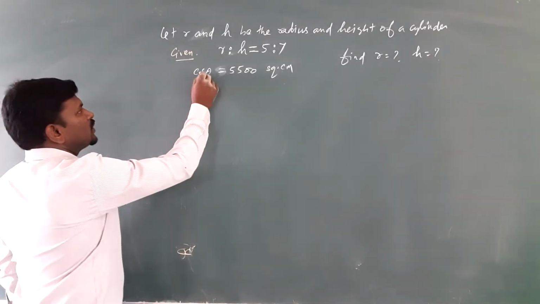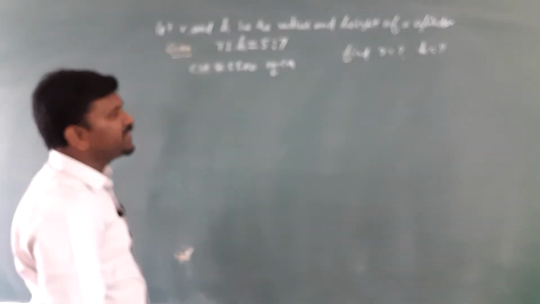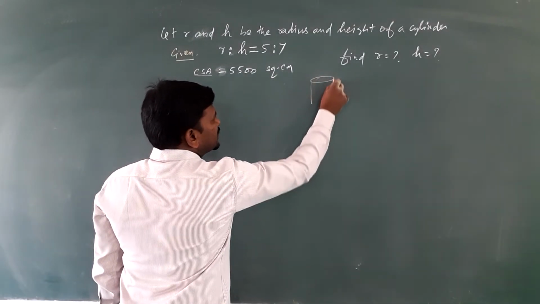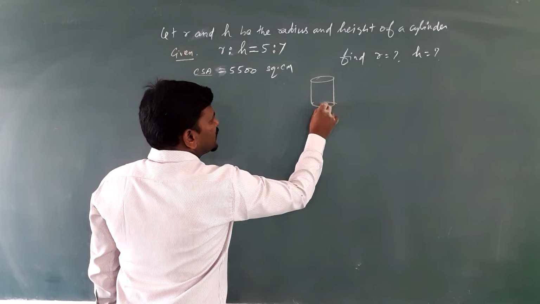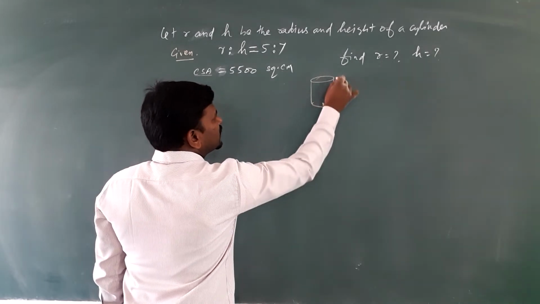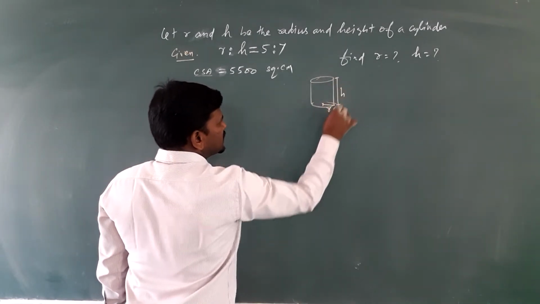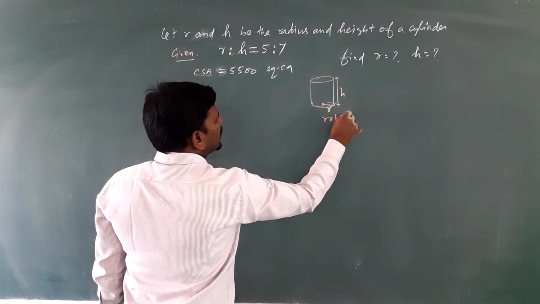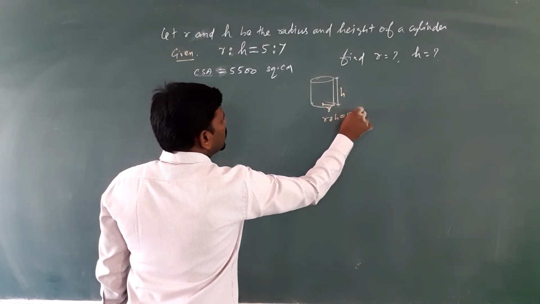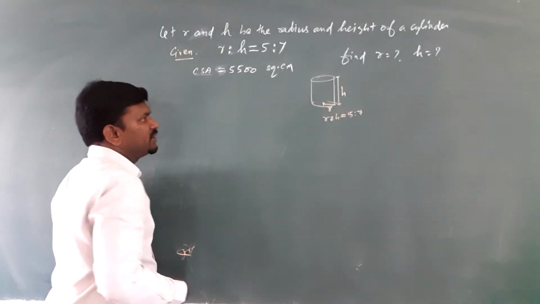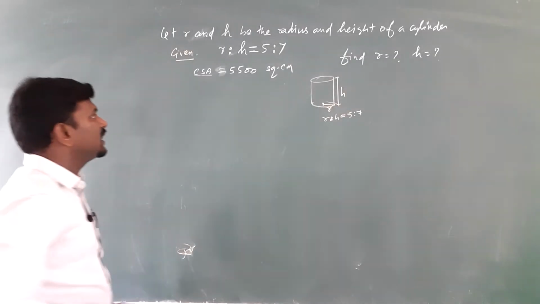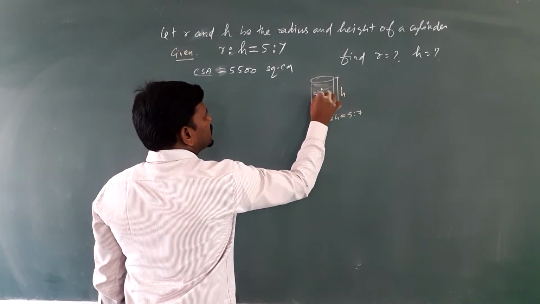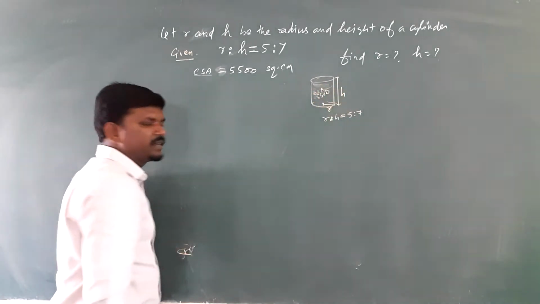So what is the formula to find the CSA of a cylinder? This is a cylinder, this is radius R, this is height H, R is to H is equal to 5:7, and the curved surface area is 5500 square unit.